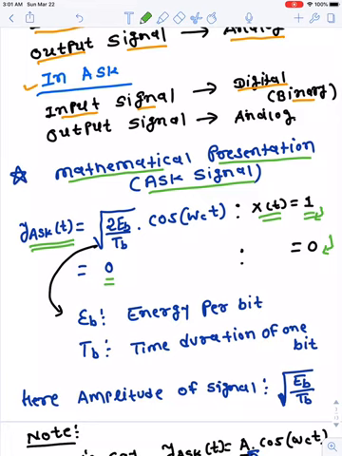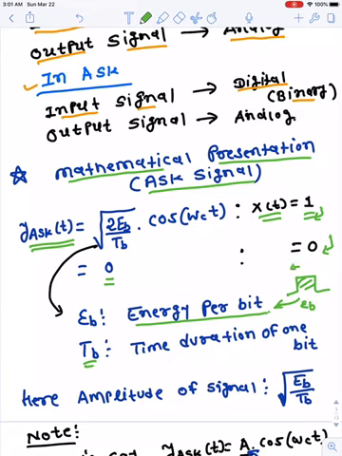Now in this equation, EB is the energy per bit. So if your 1 can be represented by some pulse, whatever energy is consumed by this pulse is known as EB. So EB defines the energy of a pulse, and TB defines the time duration of the pulse.